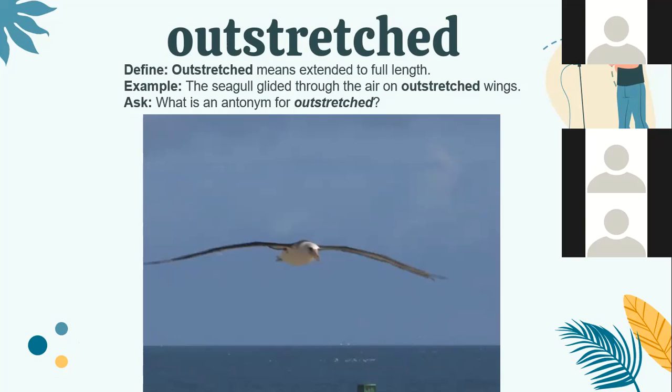Example: the seagull glided through the air on outstretched wings. So when you extend something to the full length, we call it outstretched. Look at the picture as the seagull is outstretching his wings. He spread them, he extended them to the full length in order to be able to fly in the air.